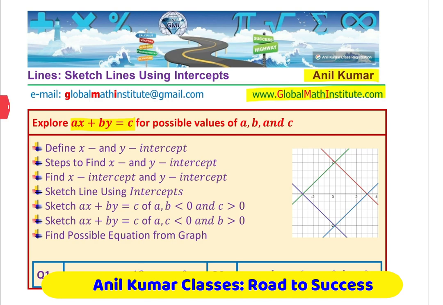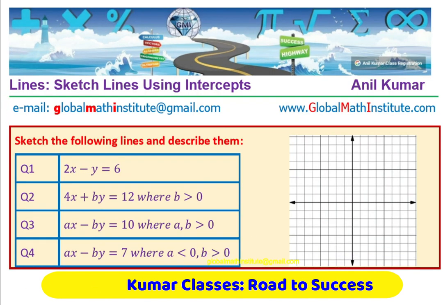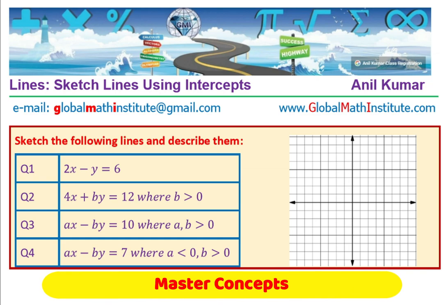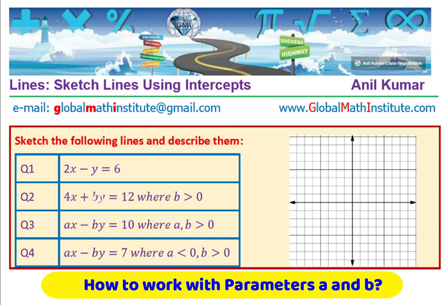And we'll actually work on 4 questions, which are right there before you. We will sketch the graph of these lines. 2x minus y equals 6, which is a straightforward question. However, there is a trick involved in sketching 4x minus by equals 12, where b is not known but is positive, greater than 0.